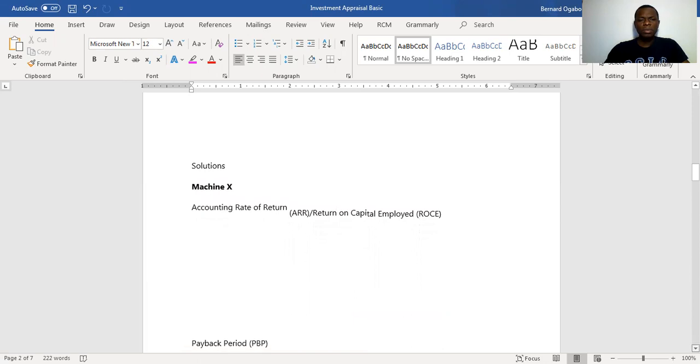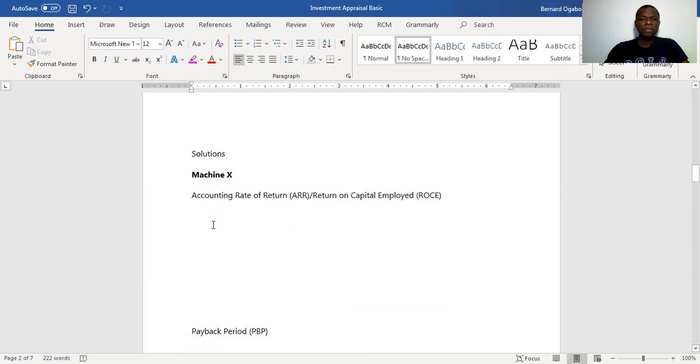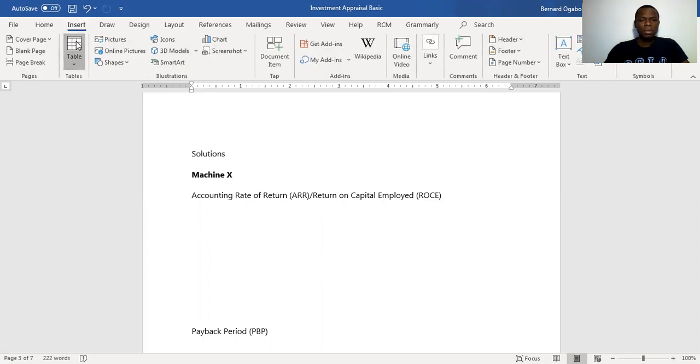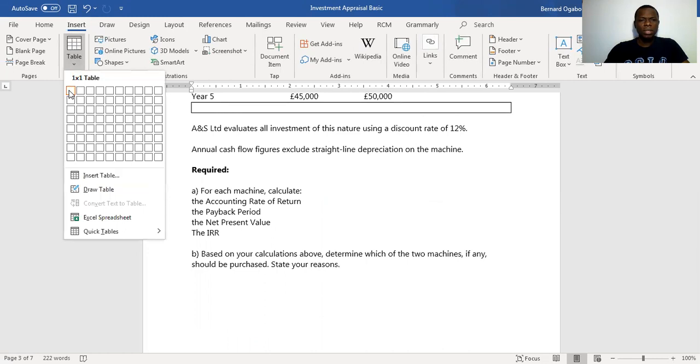So we're going to start with machine X, and we'll be looking at the accounting rate of return. I will insert a table, and I'll look at my year, cash flow, and profits.